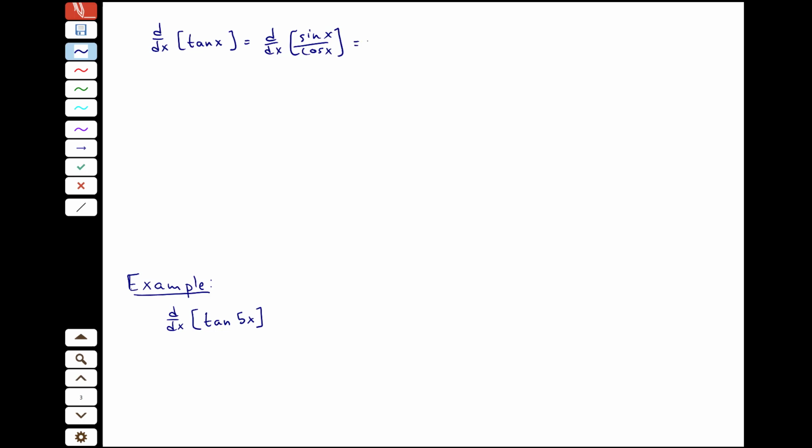So here, using the quotient rule, I have cosine x times the derivative of sine x minus sine x times the derivative of cosine x, all divided by the square of cosine.